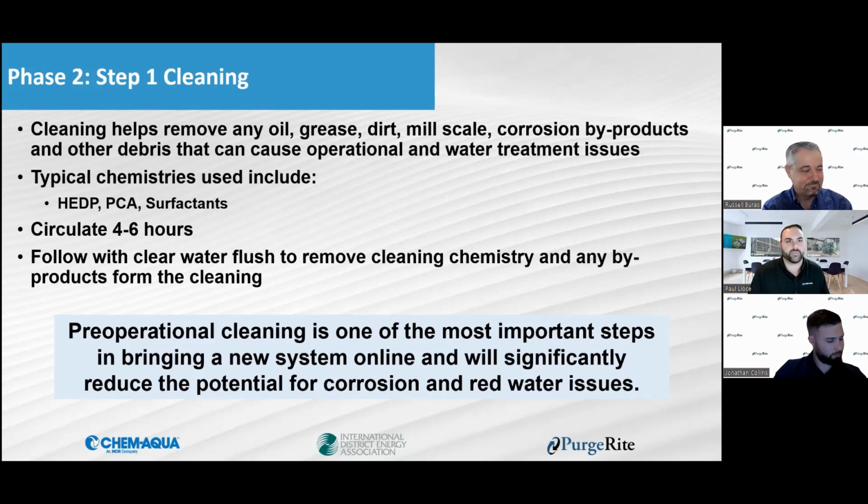So if you want to do it for 24 hours because that aligns with your timeline, that's perfectly fine. But really 4 to 6 hours minimum, and then immediately upon completion of that, you want to follow that back up with a freshwater flush to expel all those particulates and byproducts that are now in the bulk water, out of the system.